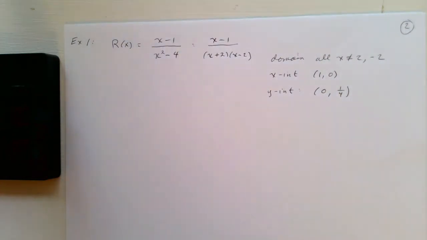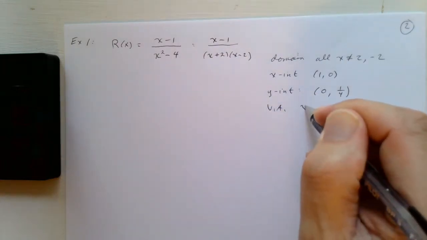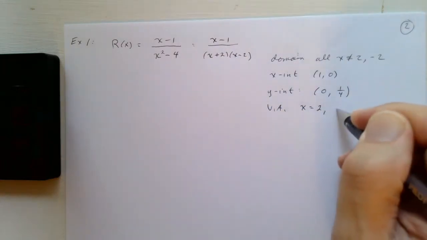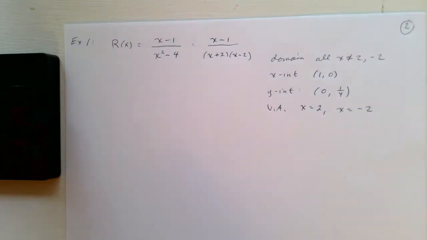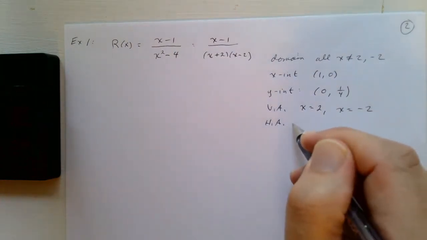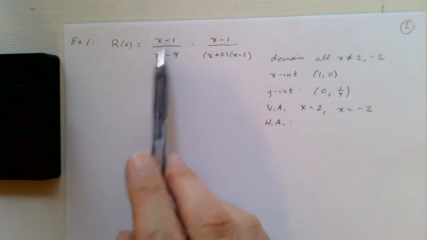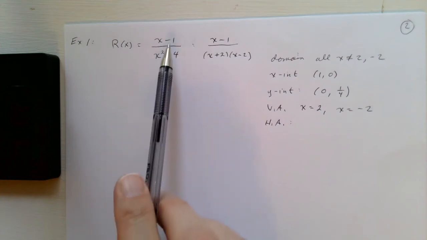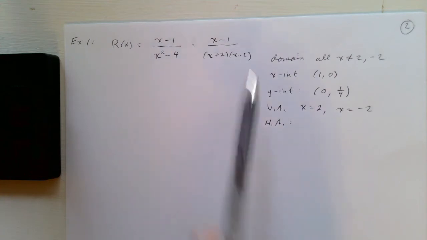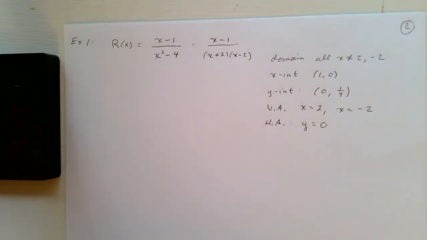The vertical asymptotes, we have 2 of them, at x equals 2 and x equals negative 2. And for the horizontal asymptote, we compare the degrees. The degree is bigger on the bottom, so the horizontal asymptote is y equals 0, the x-axis.